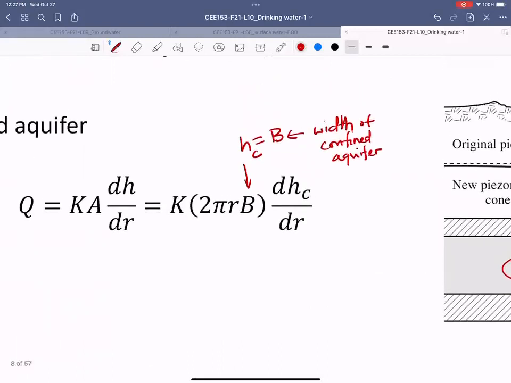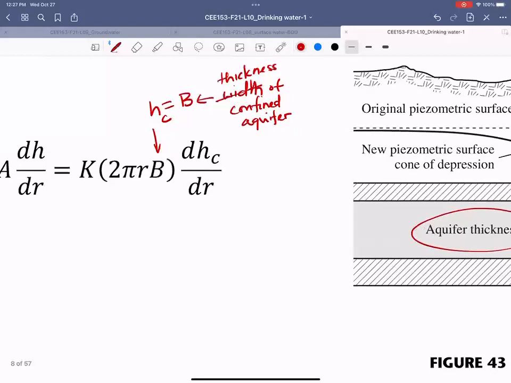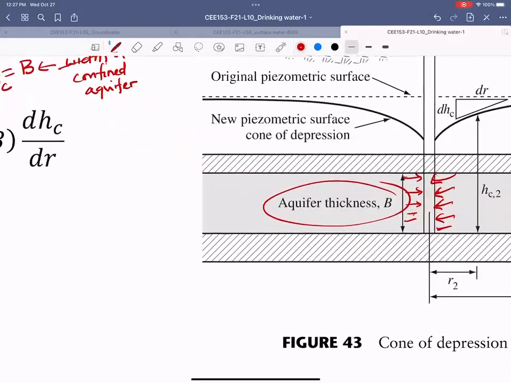Thickness is a better word. That's basically this range B, because that's the only area you receive that water from.